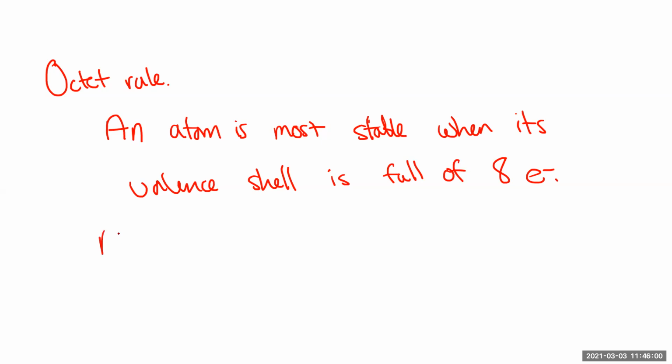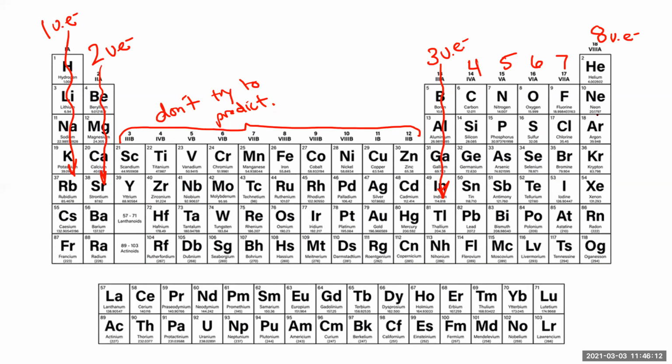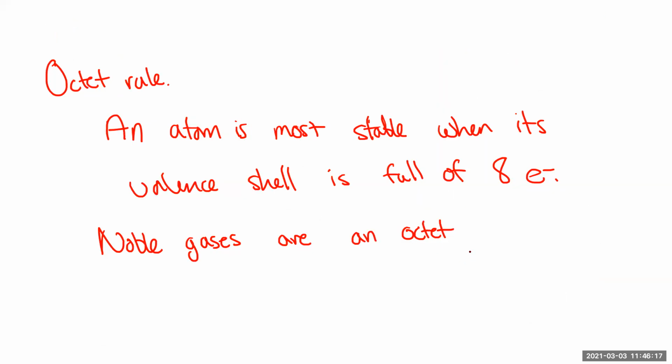Okay. Noble gases are classic examples of this. Noble gases are an octet, as you can see on the periodic table. If you look back at our periodic table here, you can see that we've got all octets associated with those noble gases. So they are an octet. They are highly unreactive.